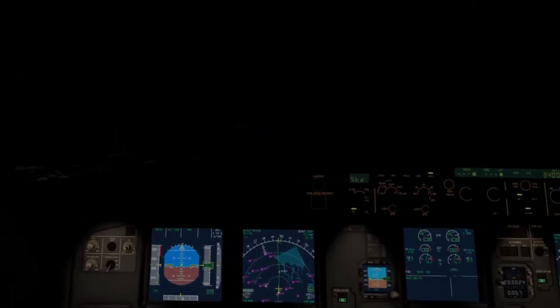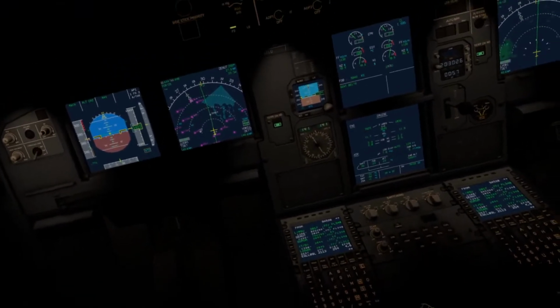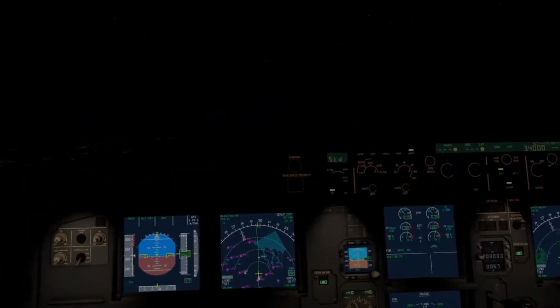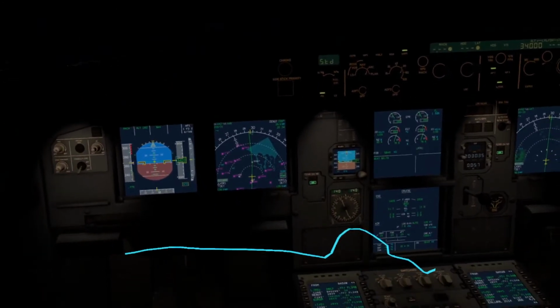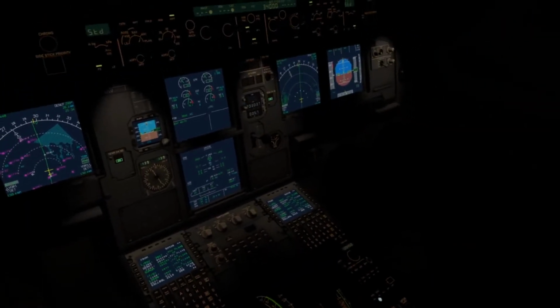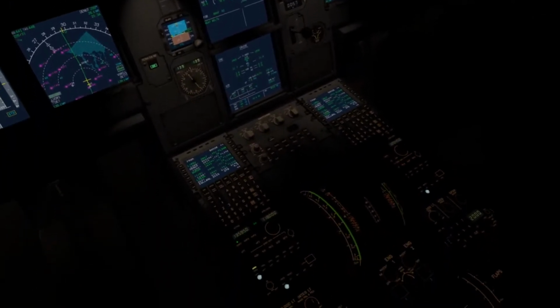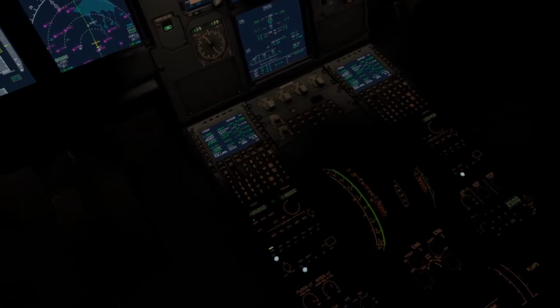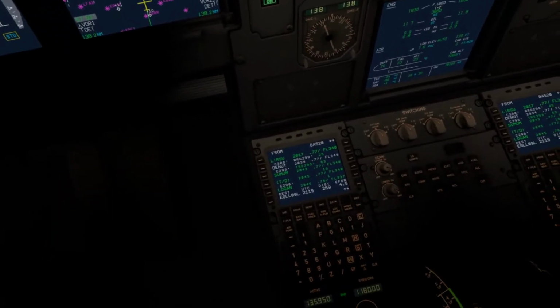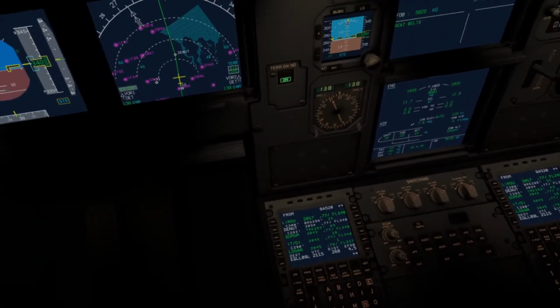Yeah, the lag spikes are pretty bad. I don't know why. Probably because of the stream or the heat of the engine. We did actually lose a bit of speed here. We did lose a bit of time here. We actually increased.